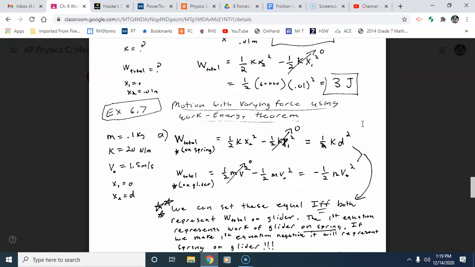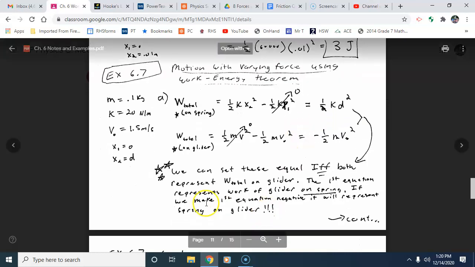Initially the spring is unstretched and the glider is moving at 1.5 meters per second to the right. Find the maximum distance d that the glider moves to the right. In other words, we want to find the distance the spring stretched, and they want us to call it d. Okay? And we want to find it first for part A, if the air track is on, therefore we can ignore friction, and then in part B, if we turn it off and there is friction.